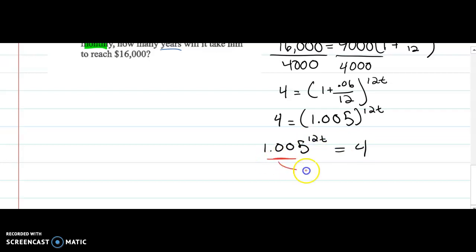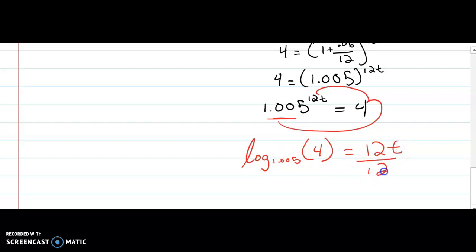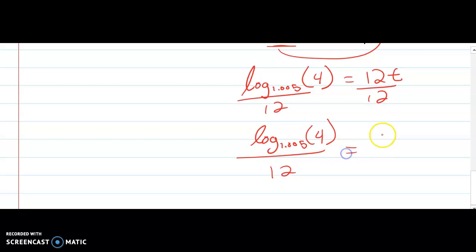So I start with the base here. I start with a log of base 1.005 of 4 is equal to 12t. Divide by 12, divide by 12. So then I have log base 1.005 of 4, over 12, is equal to t.